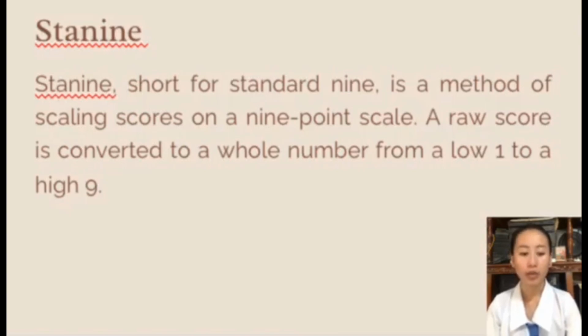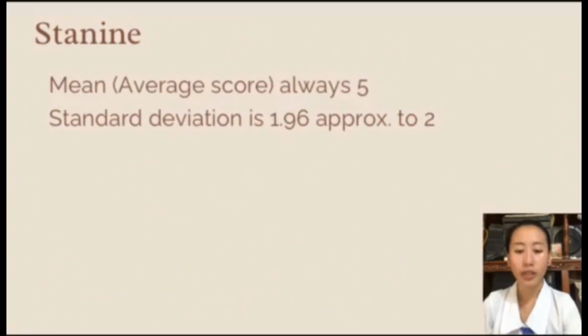It can be used to convert any test score to a single-digit score. It calculates how much a result varies from the average or mean. In stanine scores, the mean is always 5 and the standard deviation is 1.96, rounded to 2.